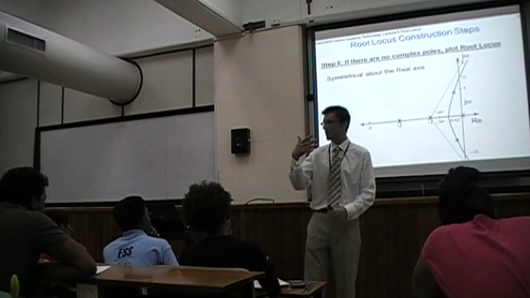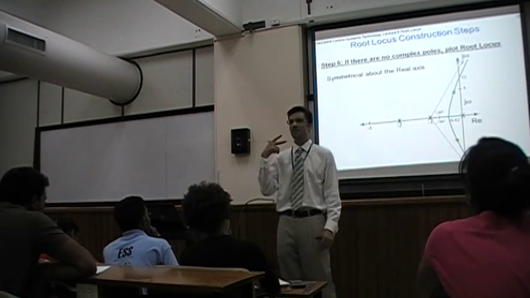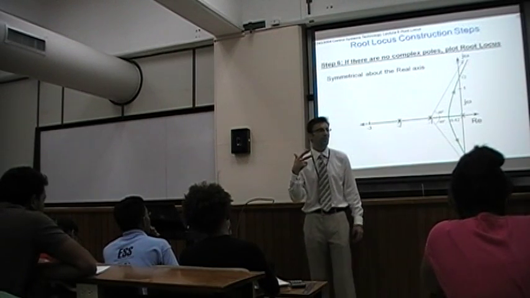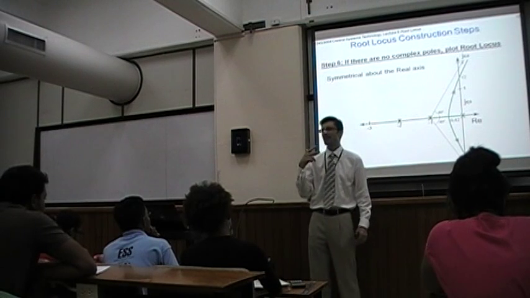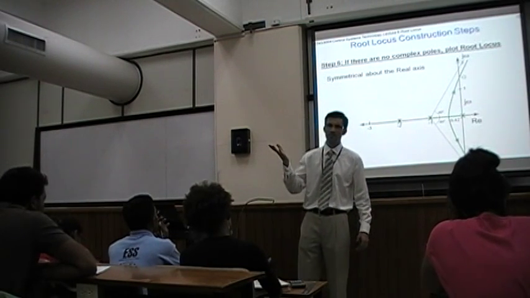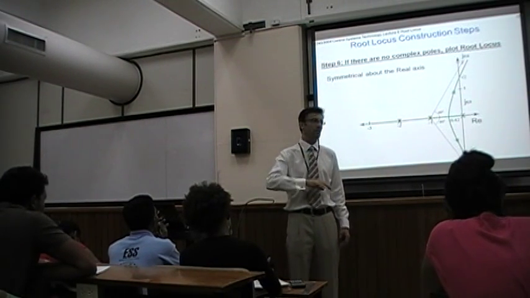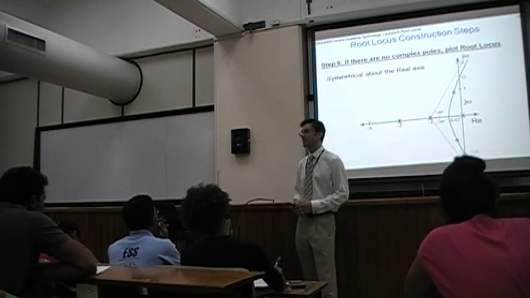Just think of it in terms of the transfer function. The poles, what do they do to the transfer function? Send it to infinity. So whenever you get a pole, your transfer function goes to infinity.